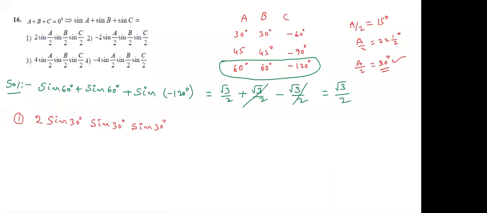What is sine 30? That is 1 by 2, 1 by 2, 1 by 2. So what are we getting? 1 by 4. This is a wrong answer. And the second option, see that?